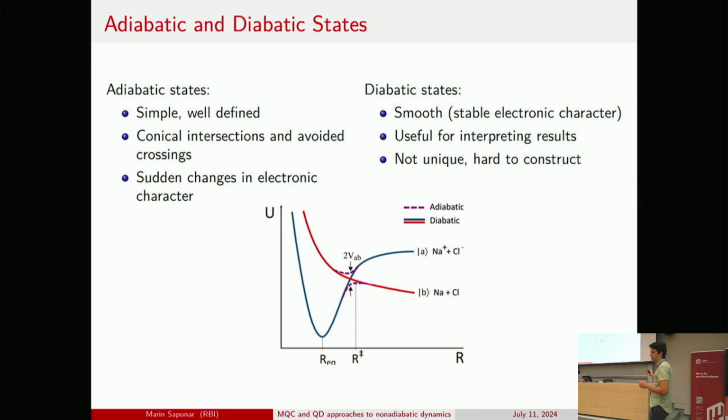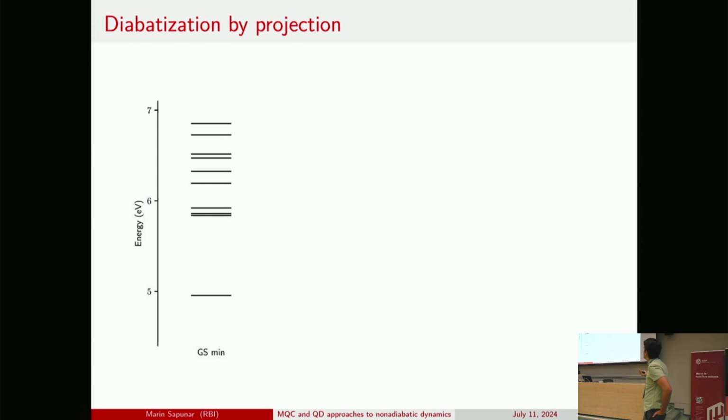Populations are the most basic thing that we always look at, and with surface hopping we have adiabatic populations. With MCTDH, surprisingly, once you have the adiabatic potential energy surfaces for a single point, you can trivially get the adiabatic states. But it's hard to get the adiabatic populations back from an MCTDH calculation. So let's go the other way around. Let's try to get diabatic populations from a surface hopping calculation.